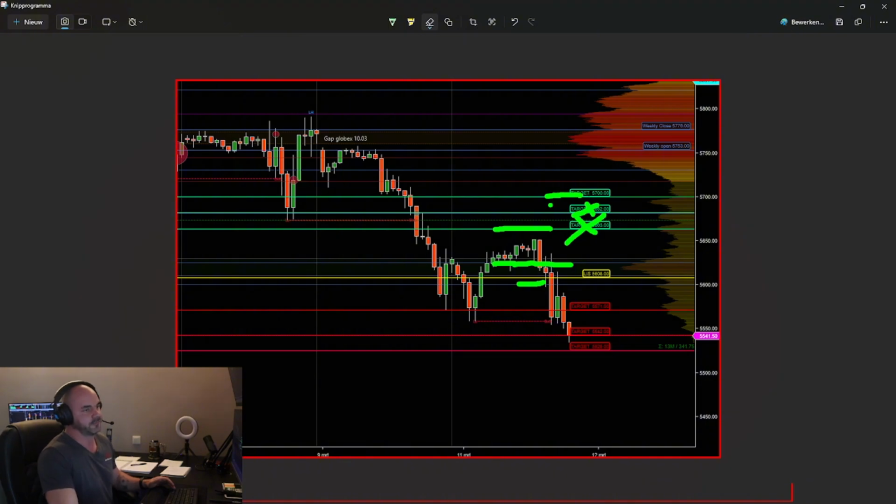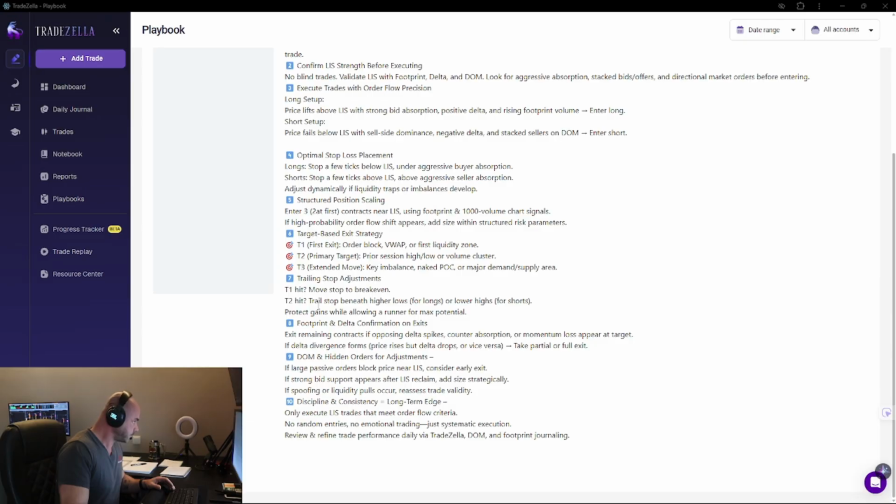We close down for the day. Easy as that. Also, try not to trail exactly underneath the target line. Try to trail under a lower high or a higher low, stuff like that, structural stops, not just blind stops at a target.